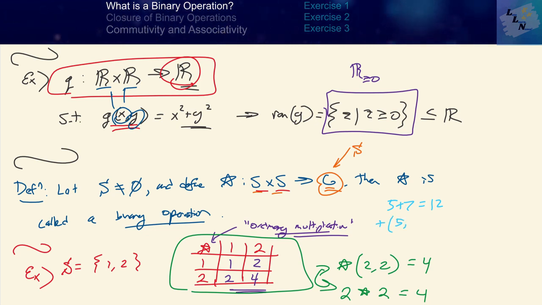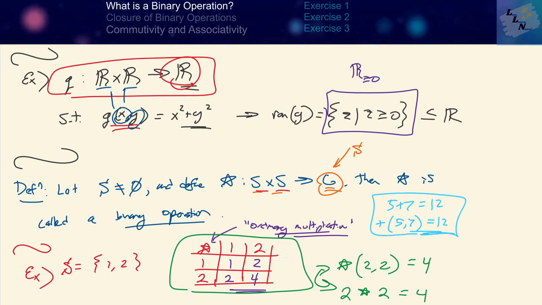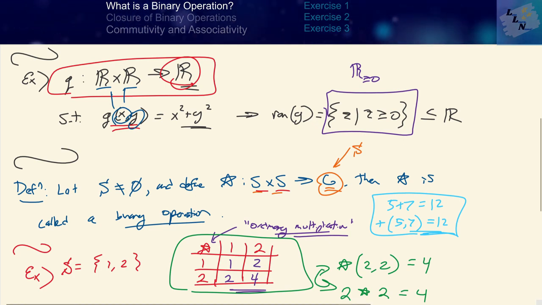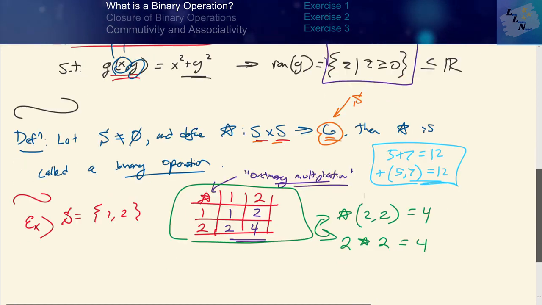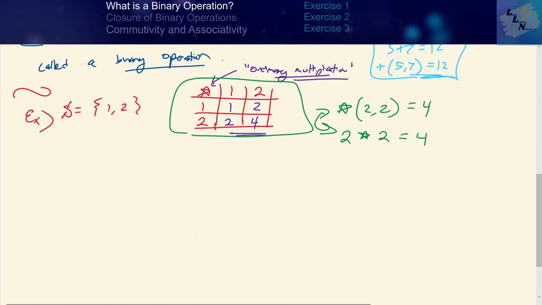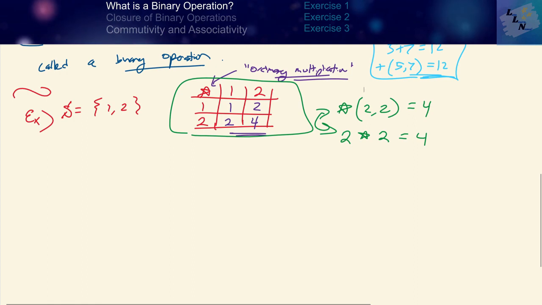In particular, plus 5, 7, because it sends 5, 7 into the element 12, right? So these notations are used interchangeably. It really depends on what we're trying to do and what we're trying to illustrate or convey to the particular audience. Okay? So that is an example of a binary operation.